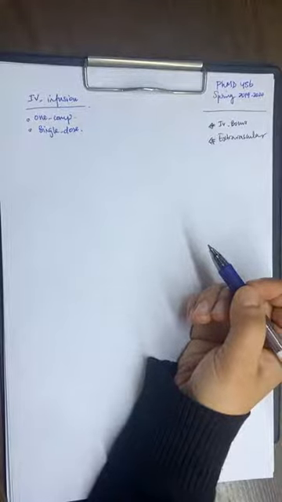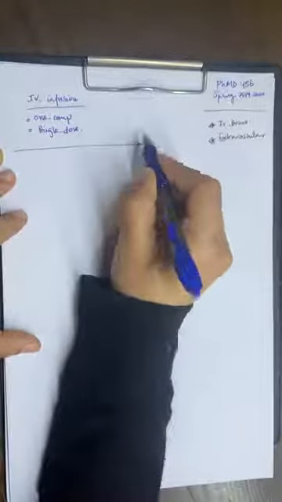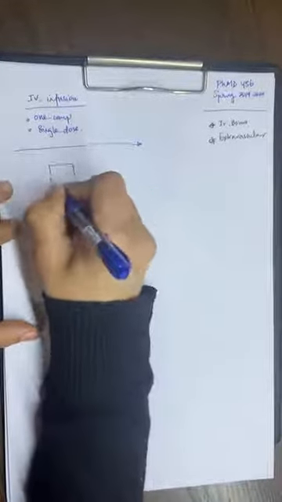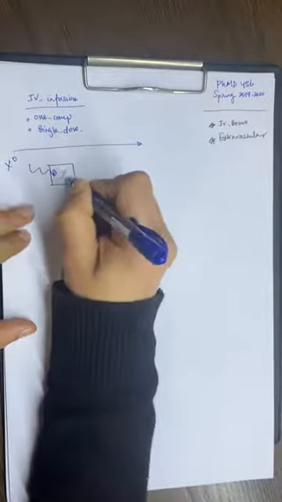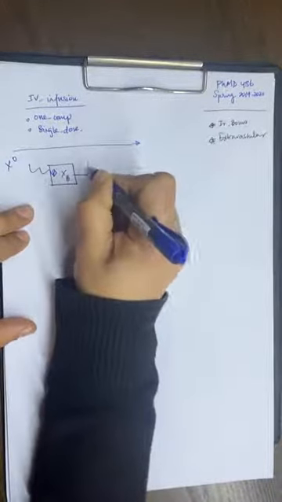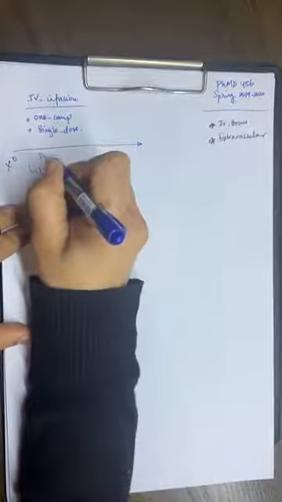If we remember, when we were talking about the IV bolus, let's just go back to the IV bolus. We had the dose, the amount in the body, and we have K, which is the elimination rate constant for the IV bolus.